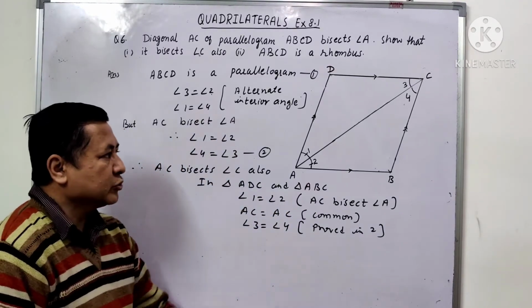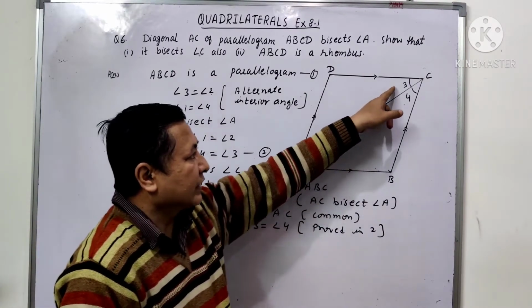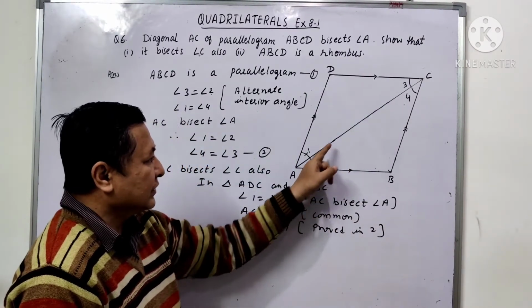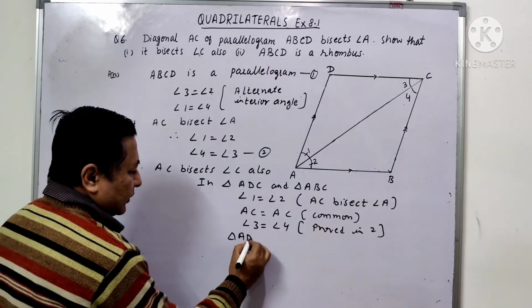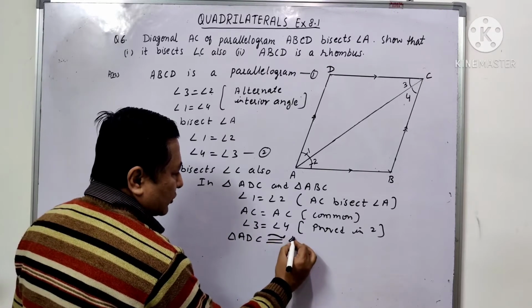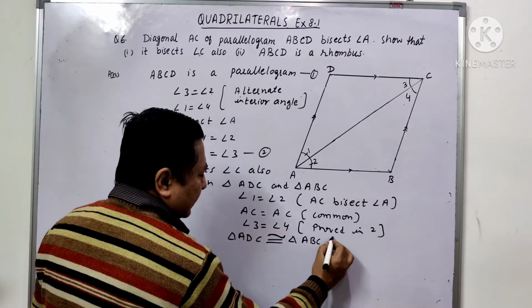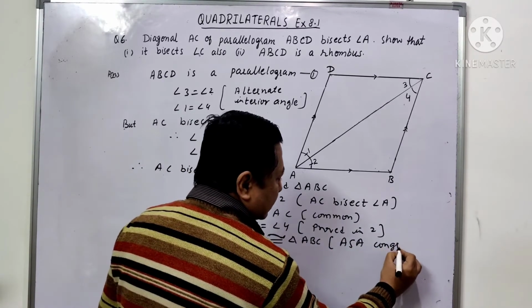So now if you see these two triangles, they are congruent by angle, side and angle. So triangle ADC is congruent to triangle ABC by the angle-side-angle congruence rule.